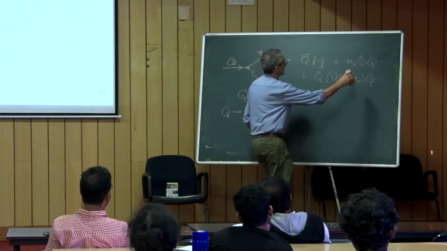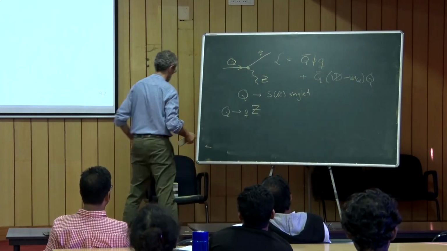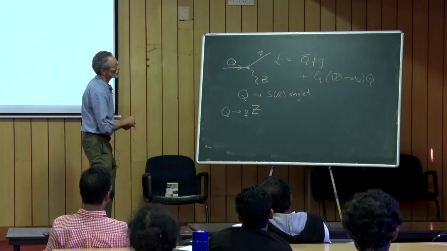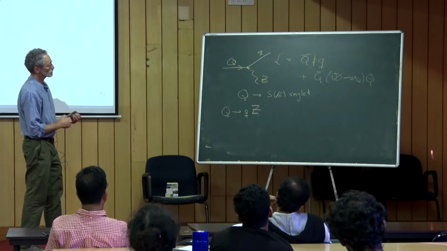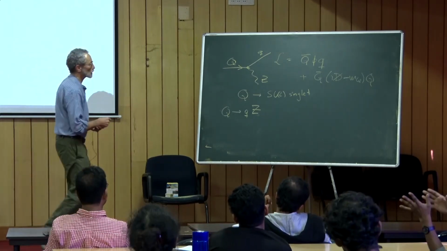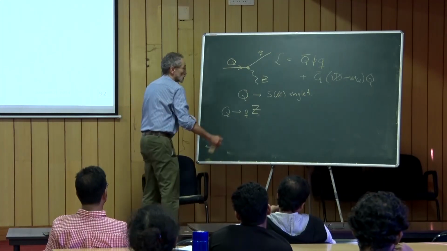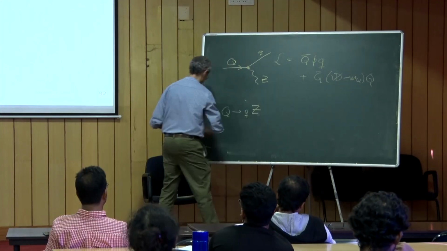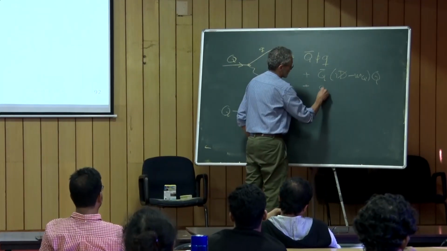And what you want is, from here, to get what? You also have the small q-bar D-slash small q term, the usual kinetic term for the standard model quark. Okay. More. And you want this also?